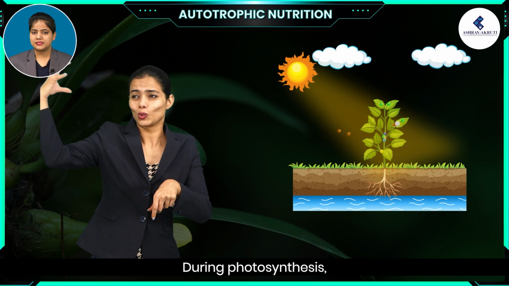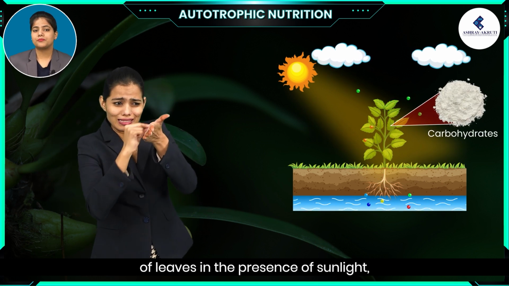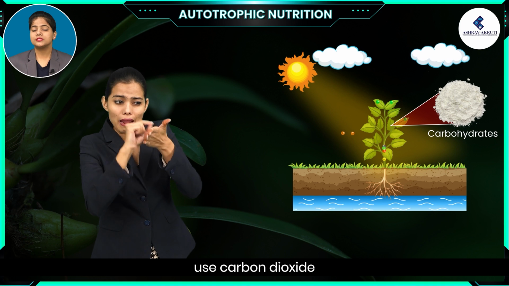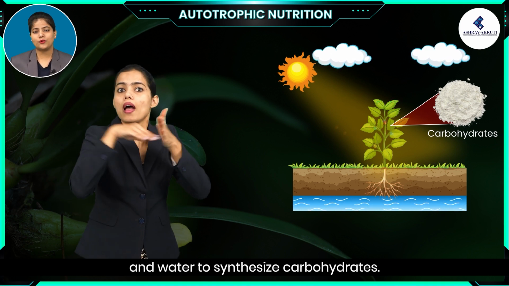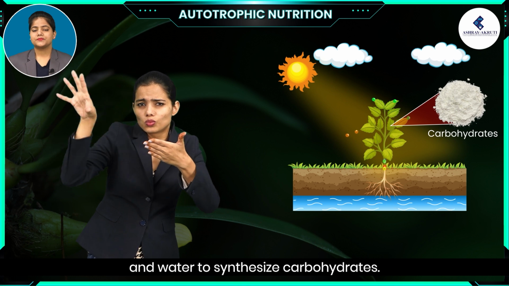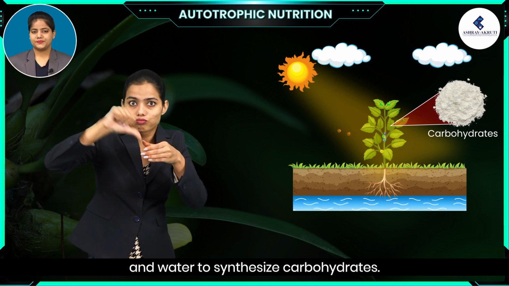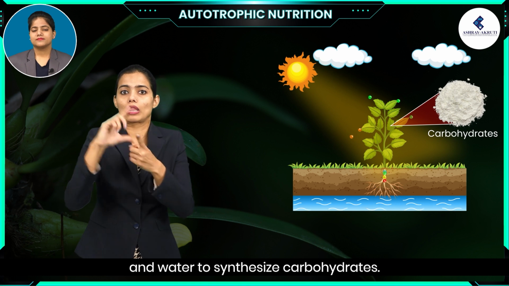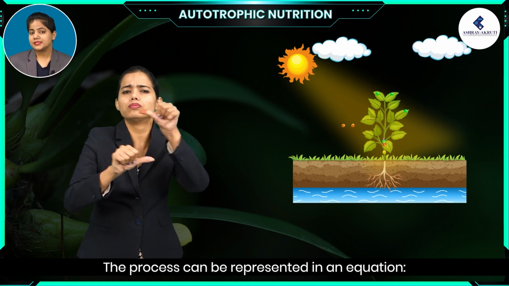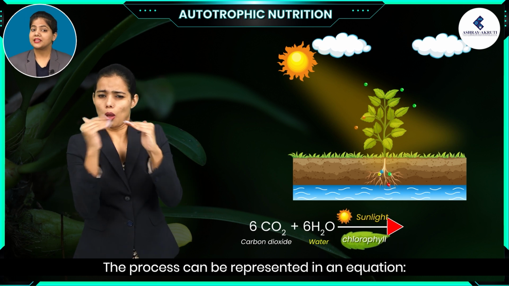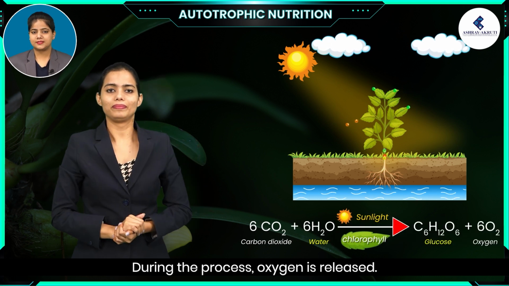During photosynthesis, chlorophyll containing cells of leaves in the presence of sunlight use carbon dioxide and water to synthesize carbohydrates. The process can be represented in an equation. During the process, oxygen is released.